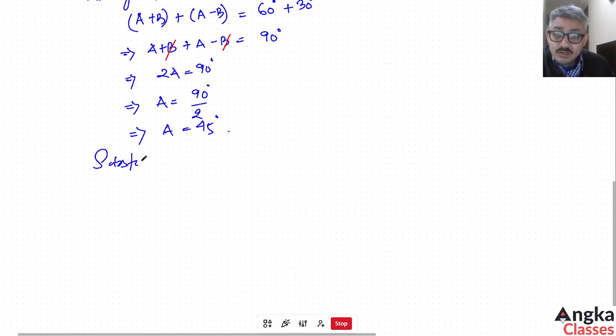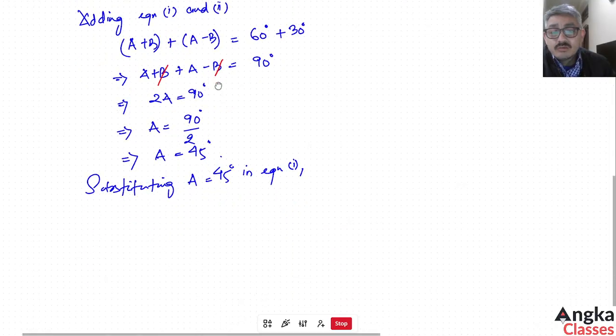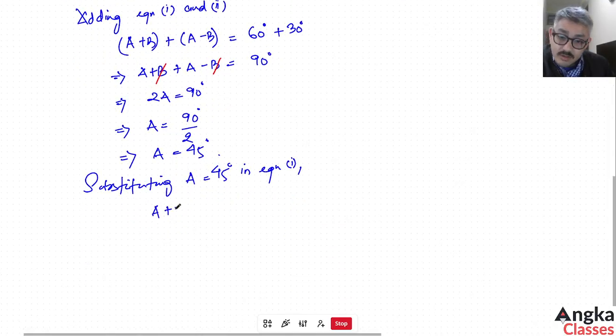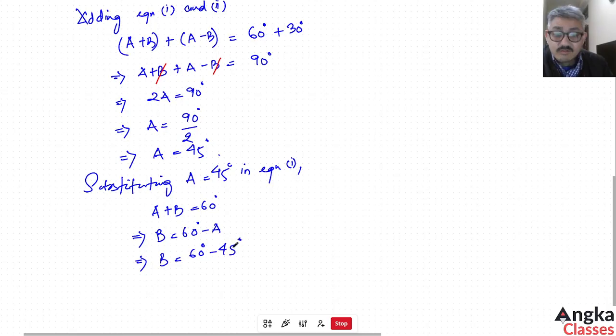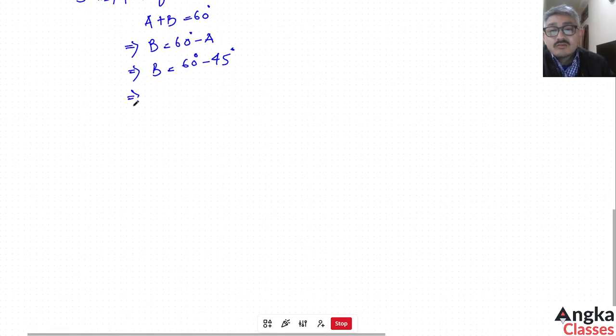So substituting a is equal to 45 degree in equation 1, a + b is equal to 60 degree. So we have b is equal to 60 degree minus a, b is equal to 60 degree minus 45 degree, which is b is equal to 15 degree.